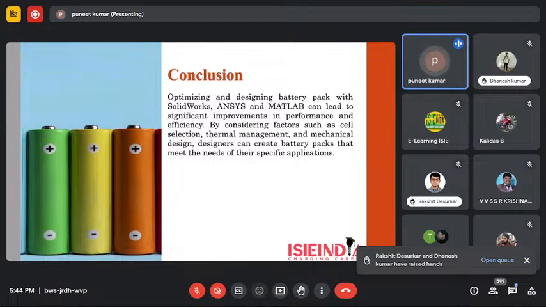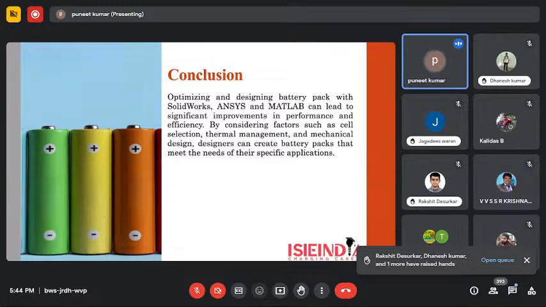We are calculating everything. We are calculating the heat, the design constraints, and how the flow will happen. So all these things come in handy.